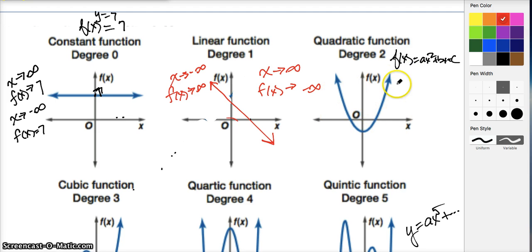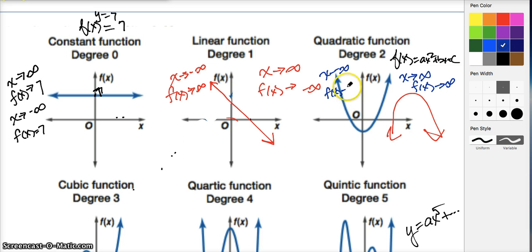Whether I have a happy parabola, as you guys are used to me saying, or a sad parabola, I'm going to have different end behavior. Notice this. If we look at the blue function, as x goes out to positive infinity, f of x is going out to positive infinity. But as x goes out to negative infinity, f of x is still going out to positive infinity. It's going up, y'all.